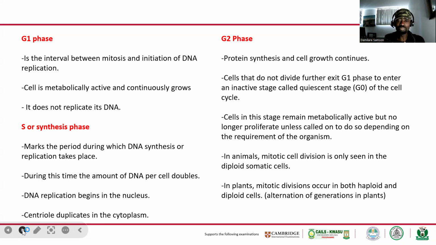Before the initiation of DNA replication, the space between the mitosis and the DNA starting to replicate and producing more chromosomes and everything else needed for another cell division, this interval is called the G1 phase.